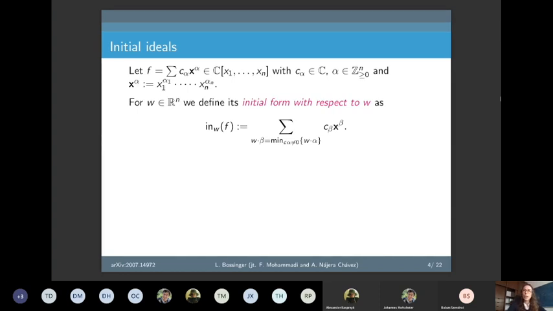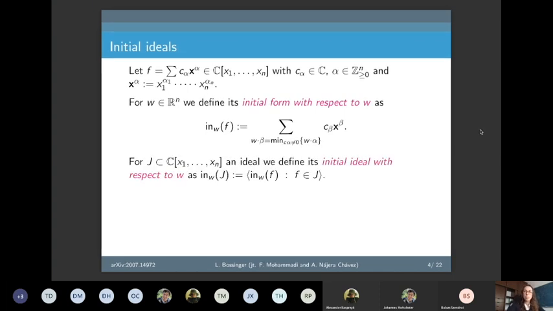I look at all the monomials that appear in my polynomial. I take the dot products between my weight vector and the multi-exponent alpha, and in my initial form I only keep those monomials for which this dot product was minimal among all monomials appearing in F.